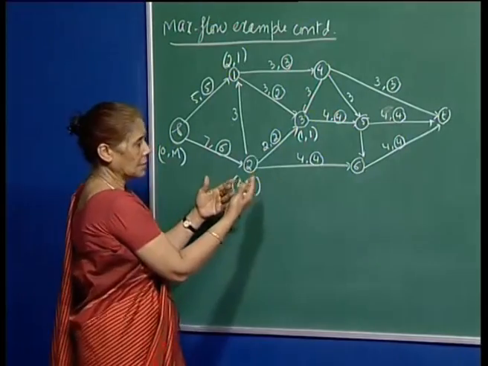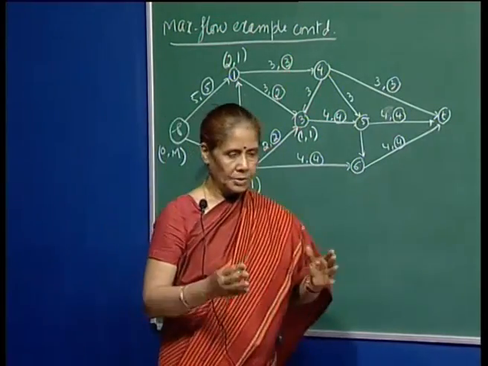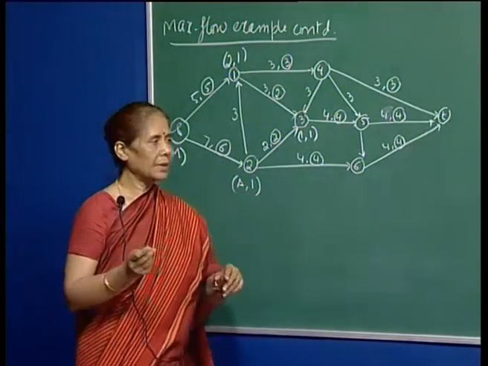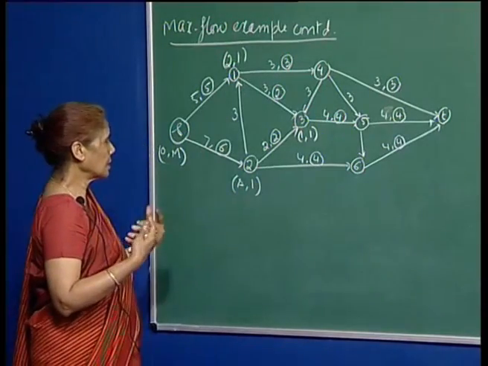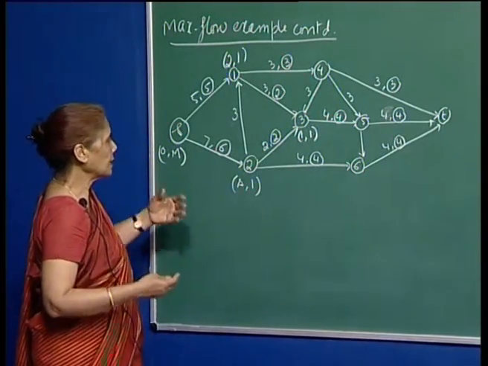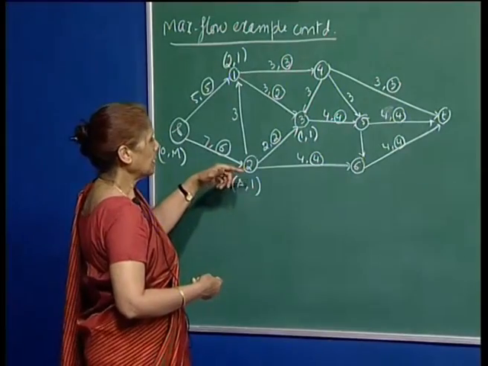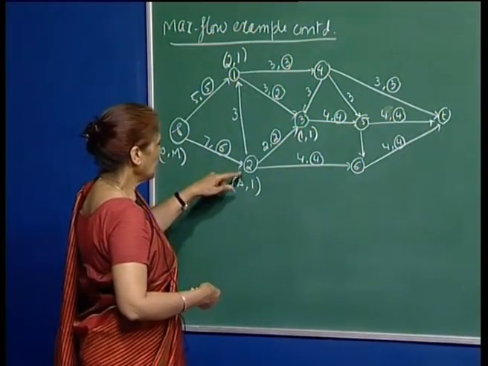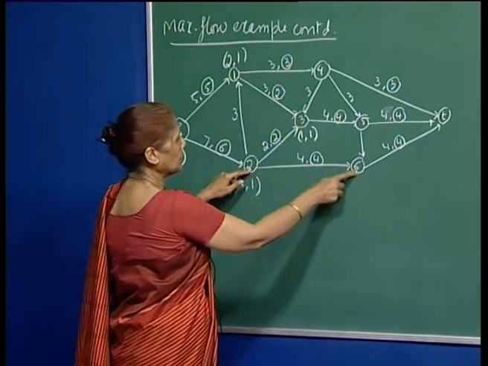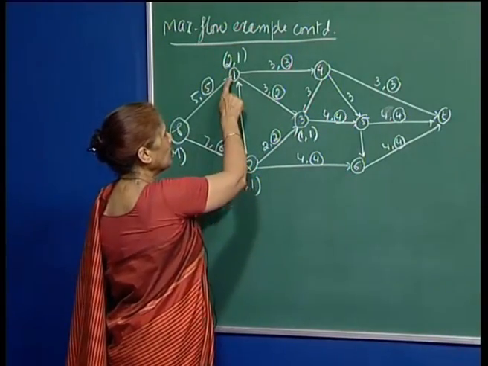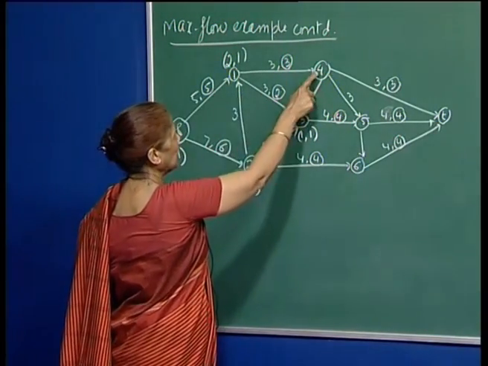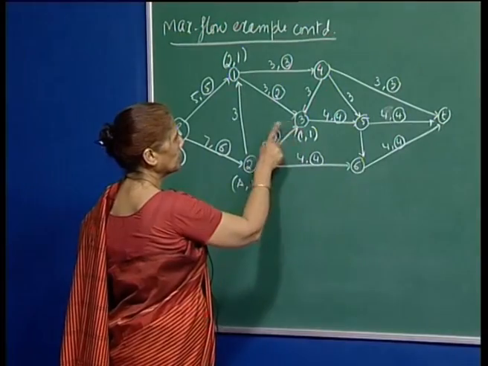From 2, I could not have labeled 3 or 6. Again, as I told you, there is no hard and fast rule for how you operate the list that you use for scanning the nodes and finding the augmenting path. So here from 2, I could not have labeled 3 and 6. I could only label 1, and then from 1 I cannot label 4. I can label 3.